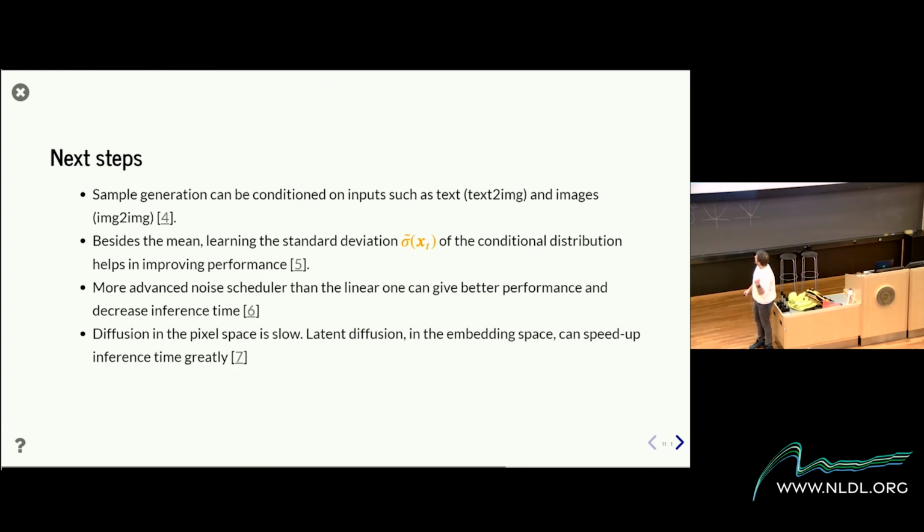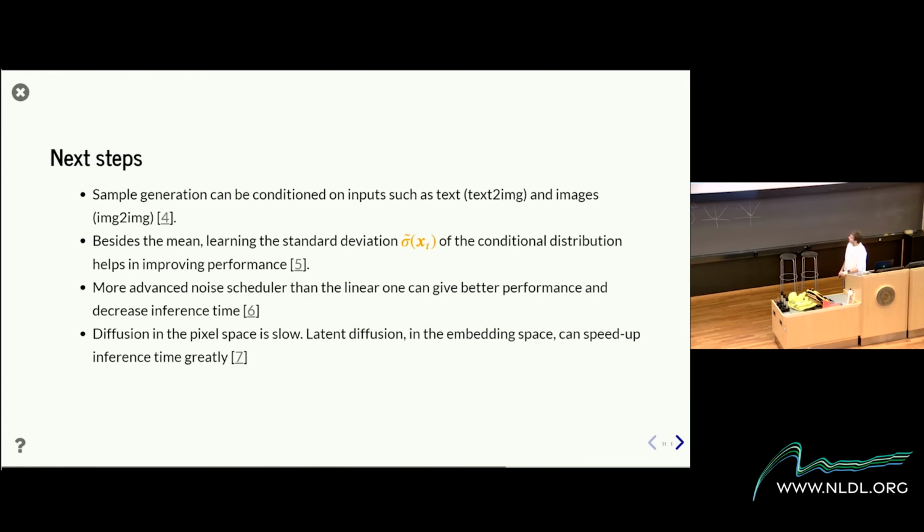Of course, if we use a neural network to learn this standard deviation, we can usually get better performance. Another thing is that we used a very simple noise scheduler, just a linear one, and this is kind of naive. There are much better schedulers which can give you better performance, both in what you get out of it and in time, so in computational efficiency.